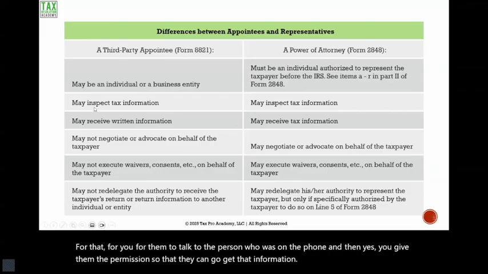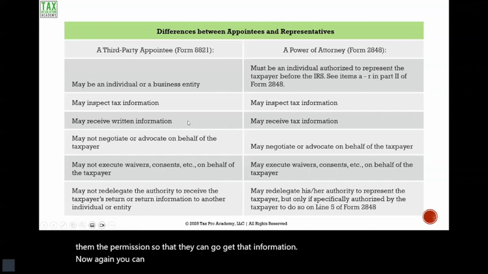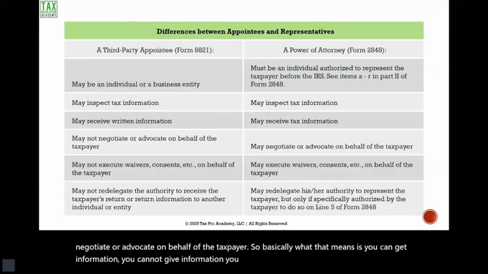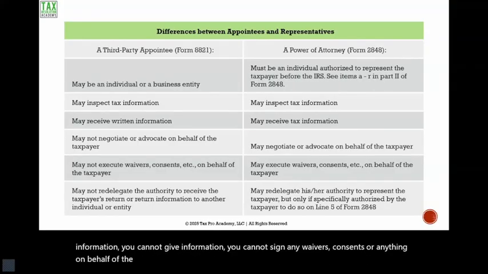Now, again, you can inspect tax information, you can receive tax information, but you cannot negotiate or advocate on behalf of the taxpayer. So basically what that means is you can get information, you cannot give information. You cannot sign any waivers, consents, or anything on behalf of the taxpayer, and you can't redelegate this authority.